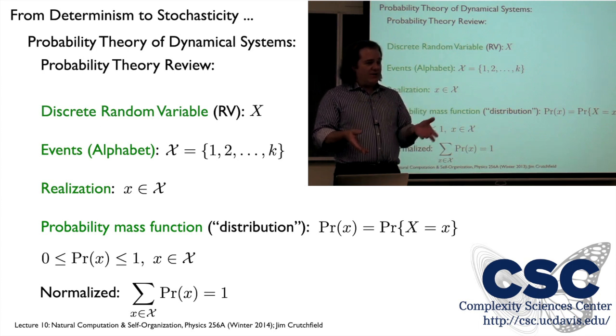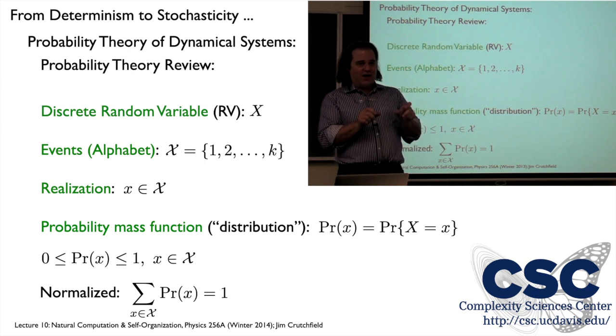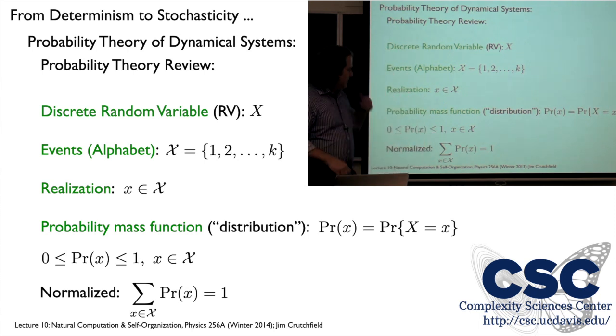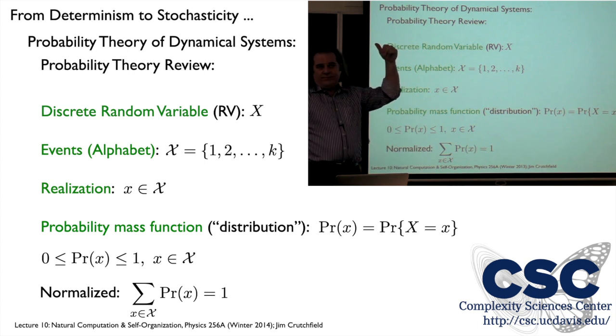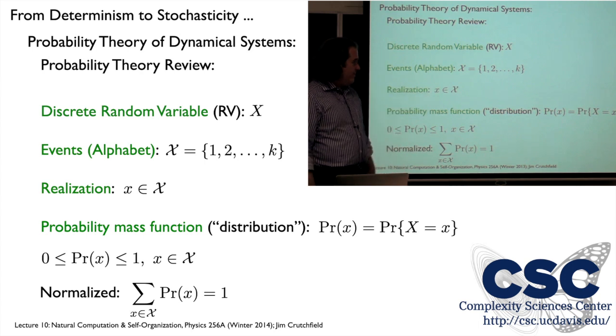The classic reference in probability theory is Feller. It's the 2-volume set, one of those gold letter embossed, gray bound volumes. Suggested readings are on one of the pages on the class website for this. We won't need a lot of detailed probability theory because we're going to adapt it to some particular uses.